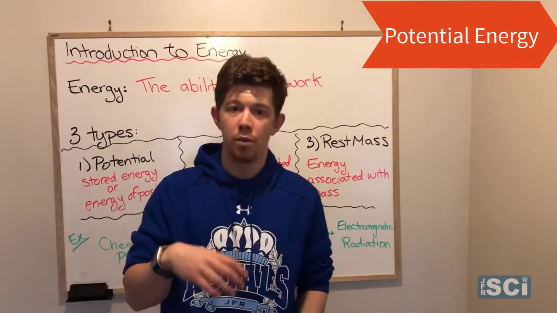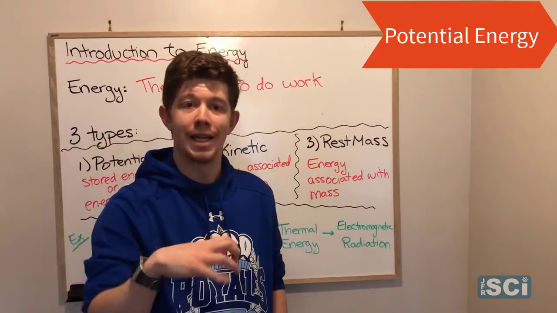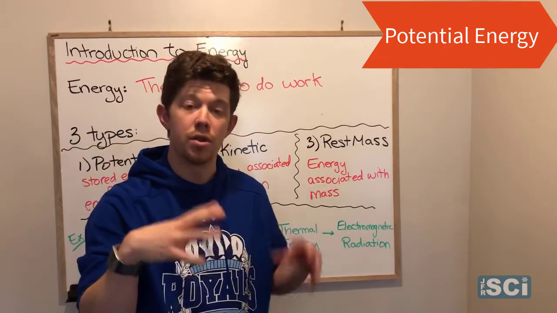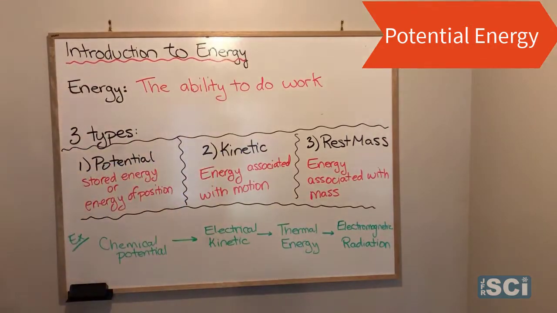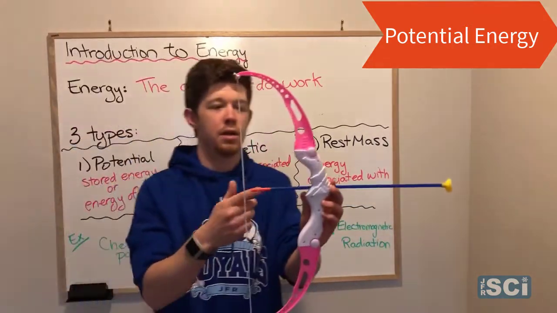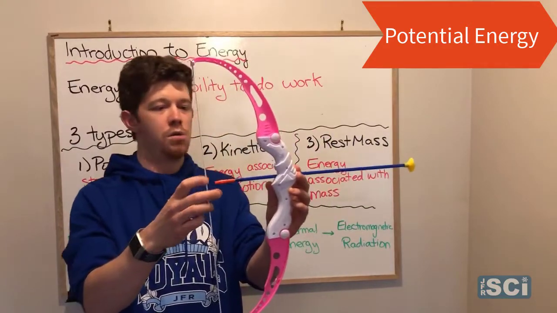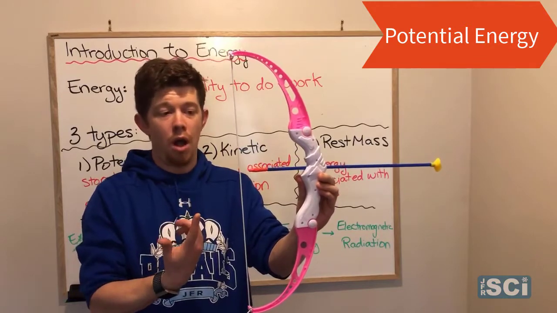Okay, so up to this point we've had gravitational potential energy due to height. We've had chemical potential energy due to stored energy in bonds. The next one we're going to talk about is elastic potential energy. So for elastic potential energy, I've brought here my toy bow and arrow. At this point right now, the arrow is not going to be launched.